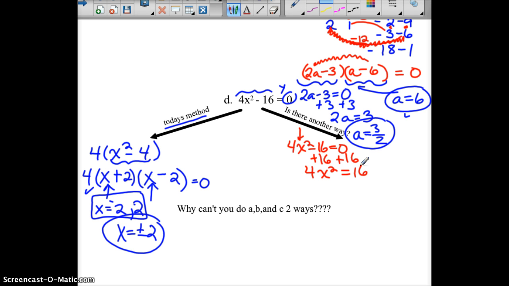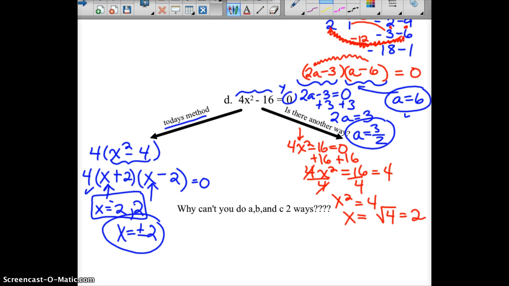I can undo the 4, or cancel the 4, by dividing both sides. I've got x squared is equal to 4. I can undo the square by square rooting. Square root of 4 is 2, and I purposely made a mistake here that's very common.